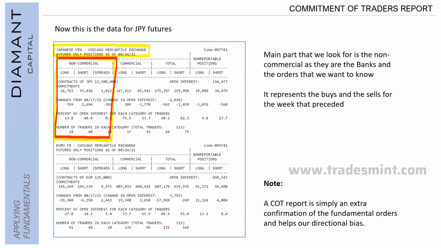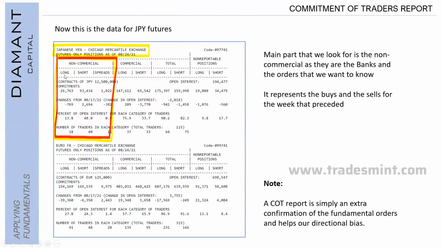If they want to export something or import something from Japan, for example, they would have to purchase some JPY contracts or JPY currency. That's what the commercial side is. The non-commercial is the banks, as I've said.